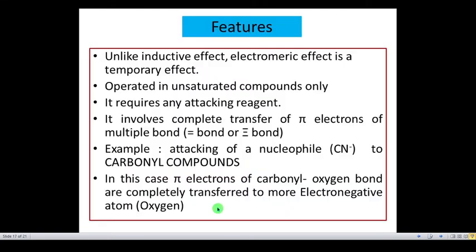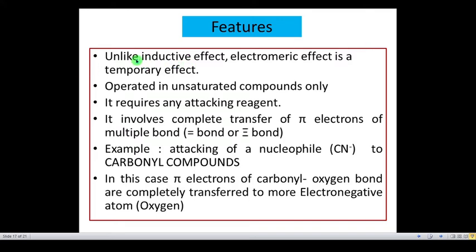What are the features and properties of the electromeric effect? Simply note them. The electromeric effect is not like the inductive effect, because the inductive effect is a permanent effect. The inductive effect is caused by an electronegative group or atom at one end, which abstracts the electrons, so whenever the group is there, the inductive effect is always there.